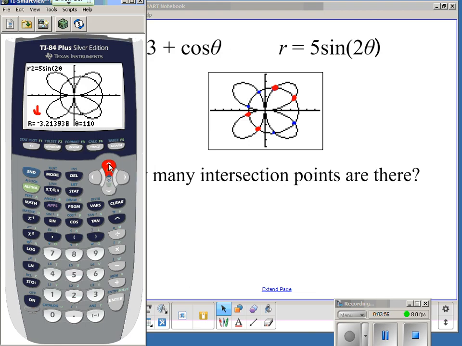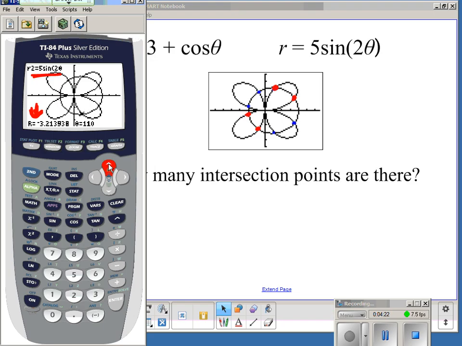I'm on the rose, in quadrant 4 instead of in quadrant 2, because r at 110 degrees on the rose 5 sine 2 theta is negative, so it graphs in the opposite direction to 110 degrees.